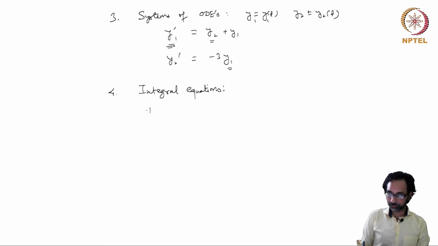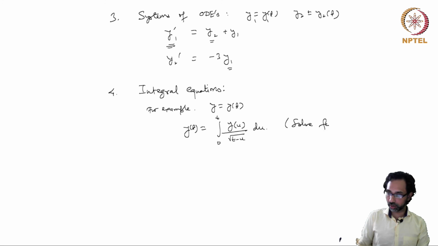So for example, you have y as a function of t, then y equals the integral from 0 to t of y(u) over square root of t minus u du, and you have to solve for the unknown function y.